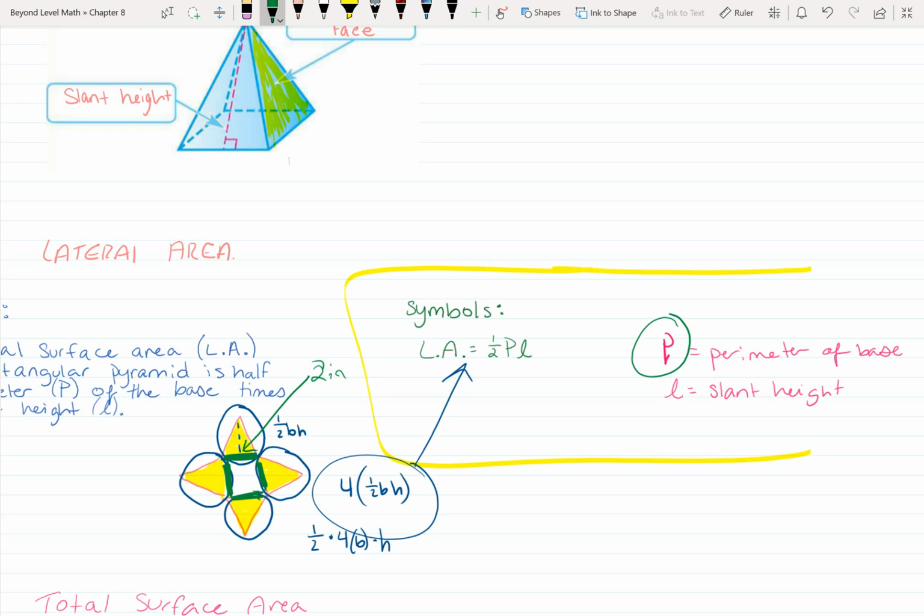So 2 times 4, so it would be 8. We would get the same thing if we put 8 here for the perimeter, or we did 4 times 1/2 times 2, and the height we can say is 1 inch. We would get the same thing no matter which formula we would use.